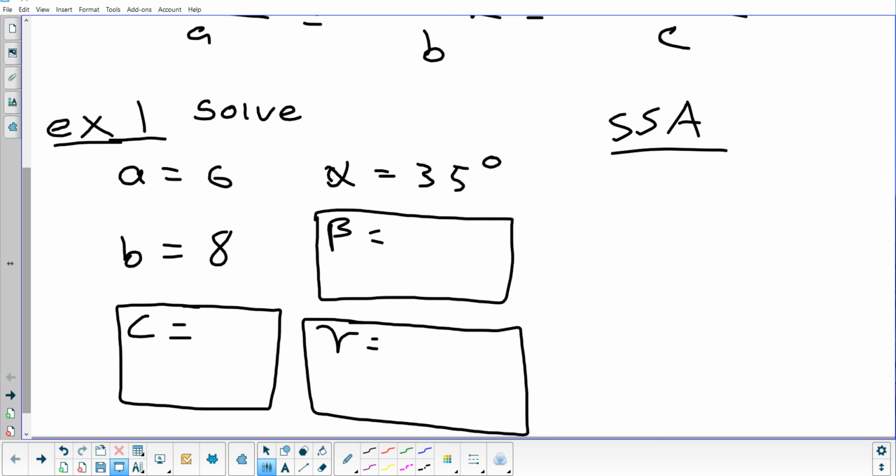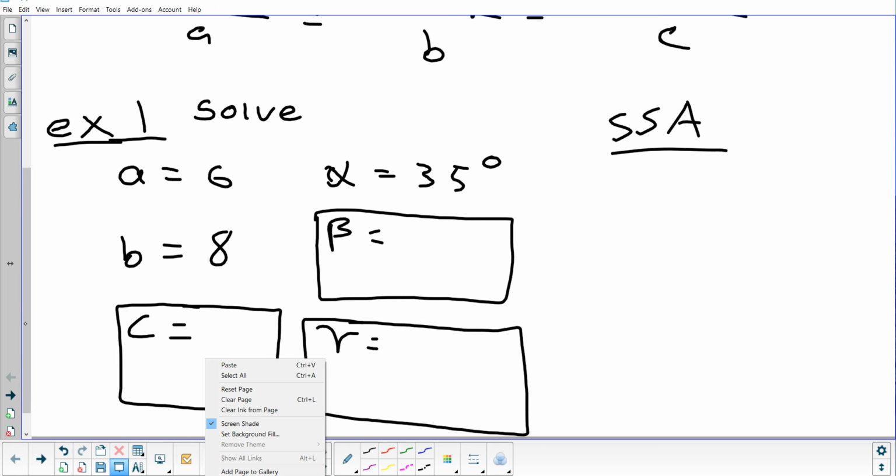Now, when I say that this kind of problem can have no solution, 1 solution, or 2 solutions, well, the information that was given is done. You don't have to worry about A, B, or alpha. Those 3 things were given. You don't have to do a thing with them. The only things we have to worry about are the boxes. If everything has 1 solution, then you're going to put 1 number in the beta box, 1 number in the gamma box, 1 number in the C box.